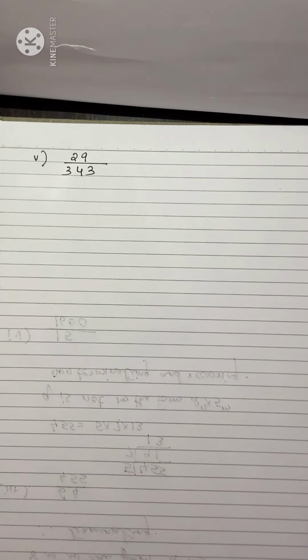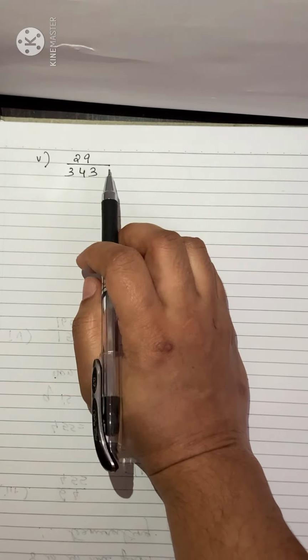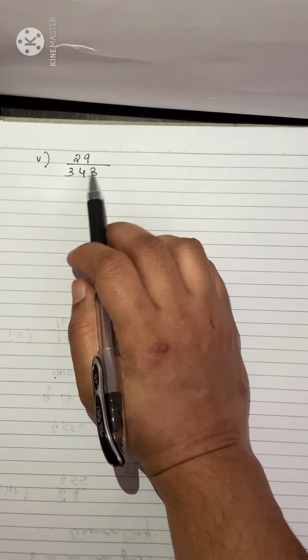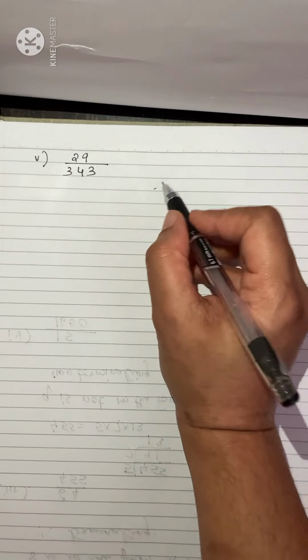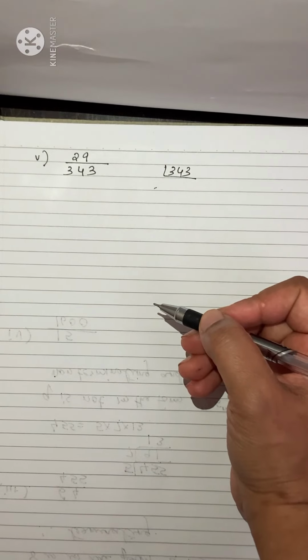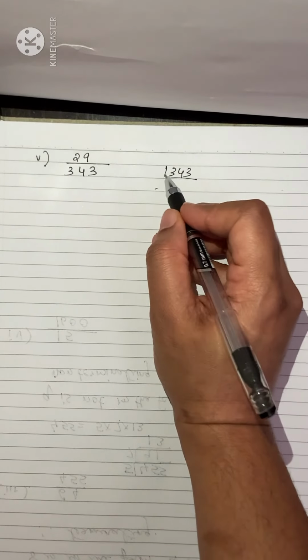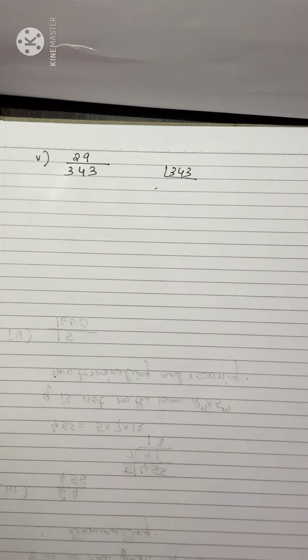Next one, fifth one, 29 by 343. Here, 29 is a prime. So, there is no common term between these two. So, this is in the form a by b. So, we can check the denominator, whether it is in the form 2 raised to n into 5 raised to m. This one, we can do it with 7.